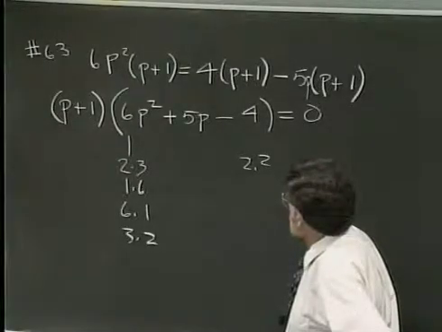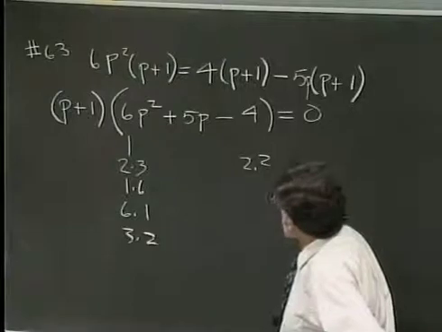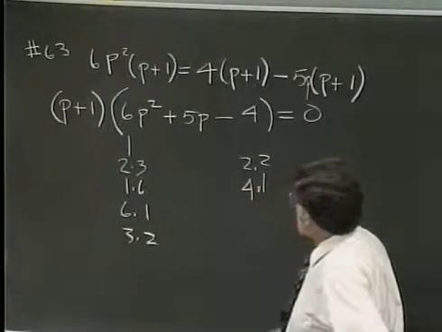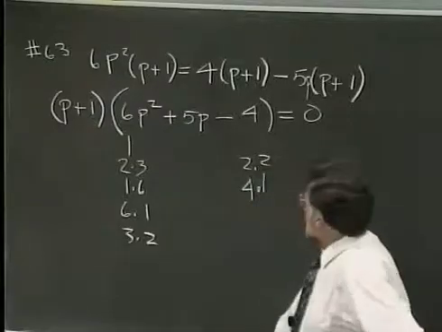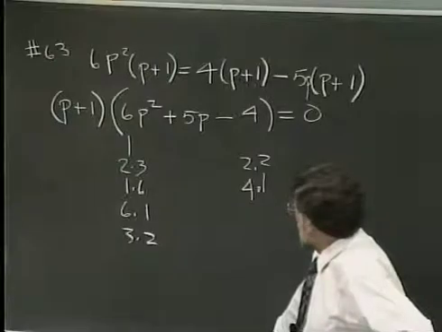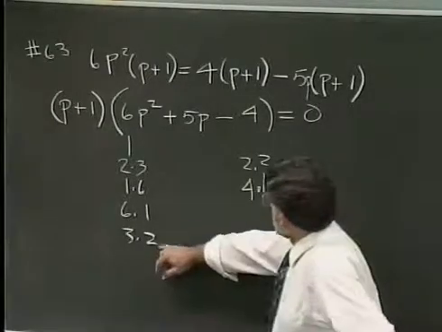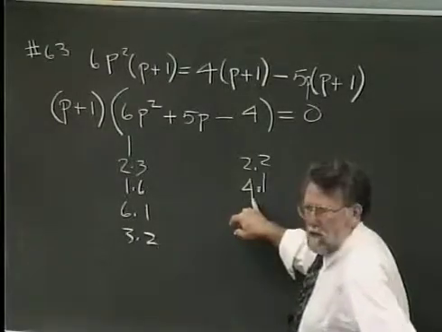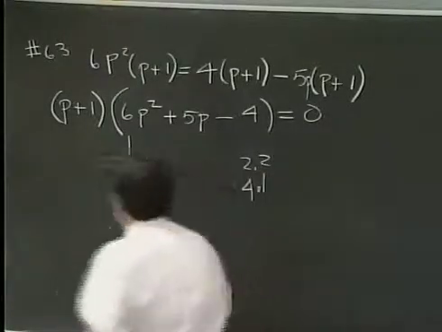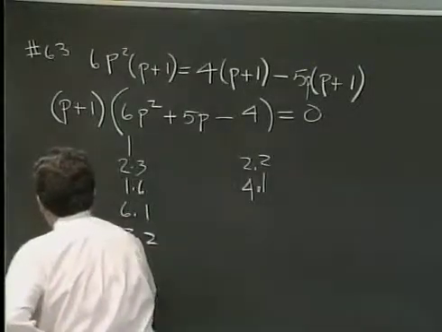What am I leaving out? I didn't put the 4, 1 there. That will make a difference. Nothing was working. I missed the obvious, a 4, 1 for the 4. Now let me try that, and I see this last one at an 8 and a 3, which gives me the difference I need. So that tells me that I'm going to have p plus 1.